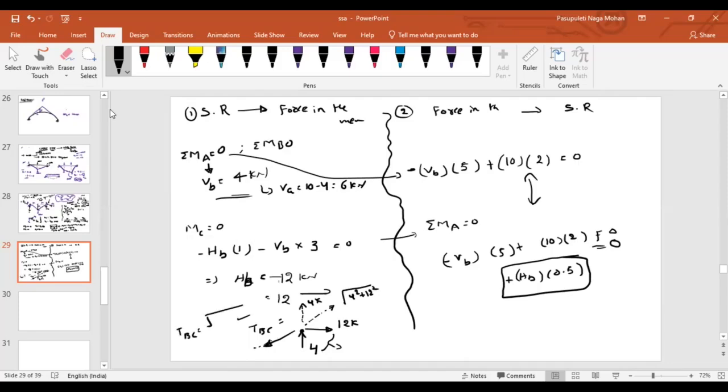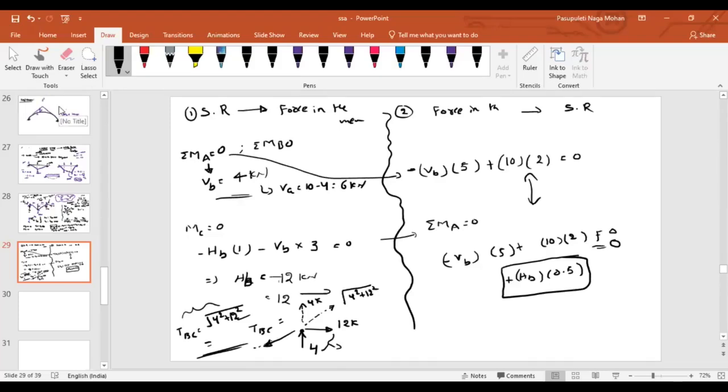That is nothing but under the root 4 square plus 12 square. Is it clear how I have written this equation? If two perpendicular forces are there, then obviously the resultant force will be the square root of both squares, and that is nothing but your force in BC.